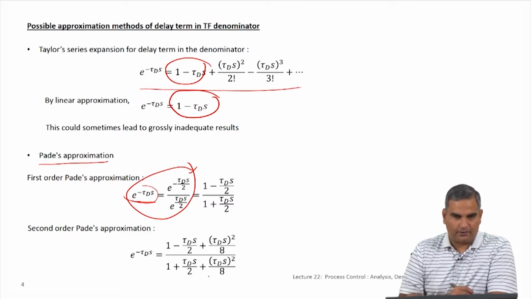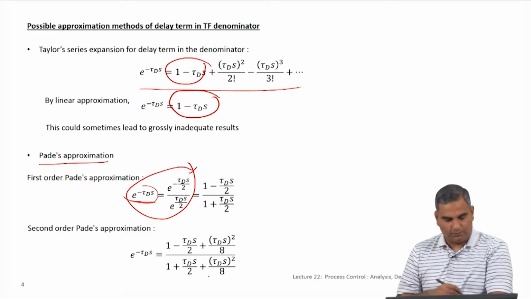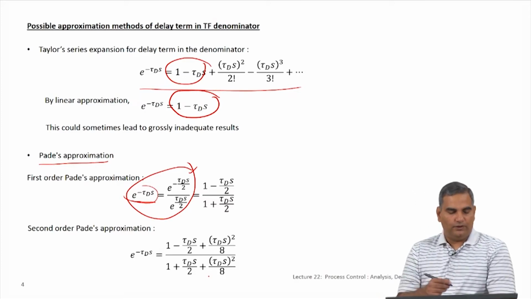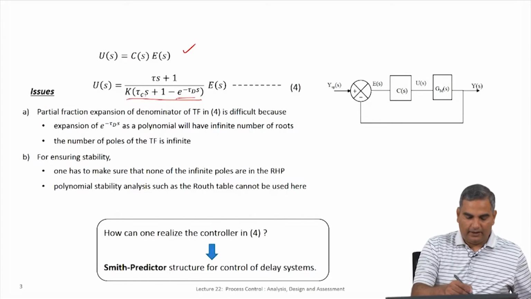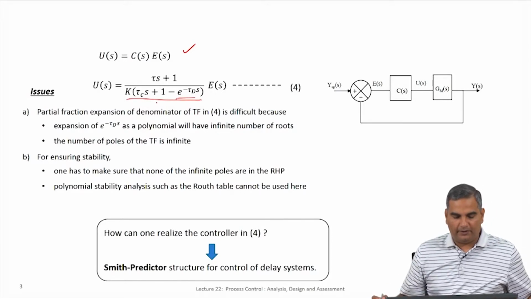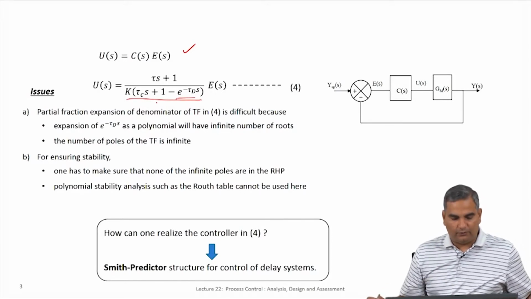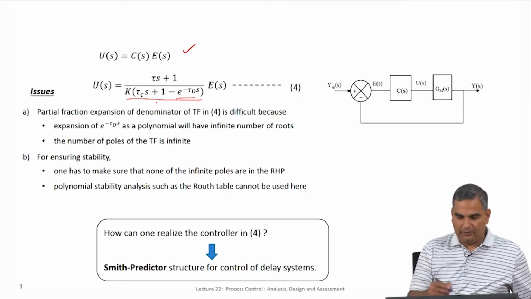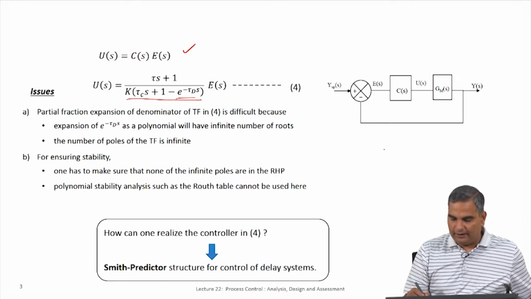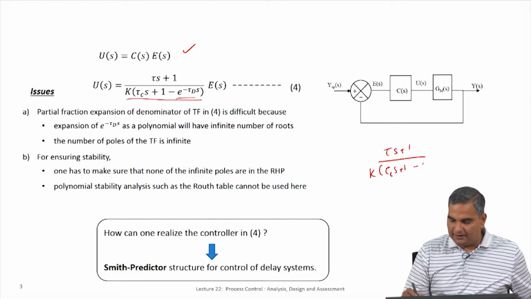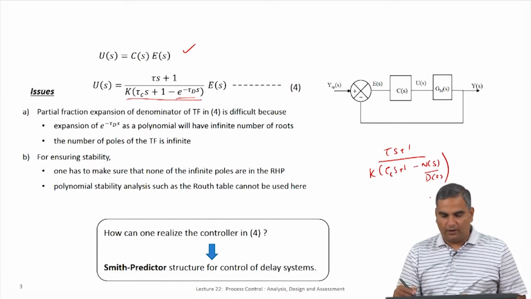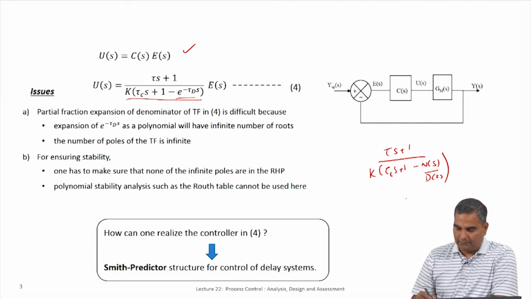In this case you are approximating it as a system with 2 zeros and 2 poles and so on. Now if you notice in the previous slide, I have this tau c s plus 1, e power minus tau d s, and I have tau s plus 1. So if I have this equation, I take tau s plus 1 by k tau c s plus 1 minus some numerator polynomial by denominator polynomial, depending on whatever order Pade approximation I am going to use.